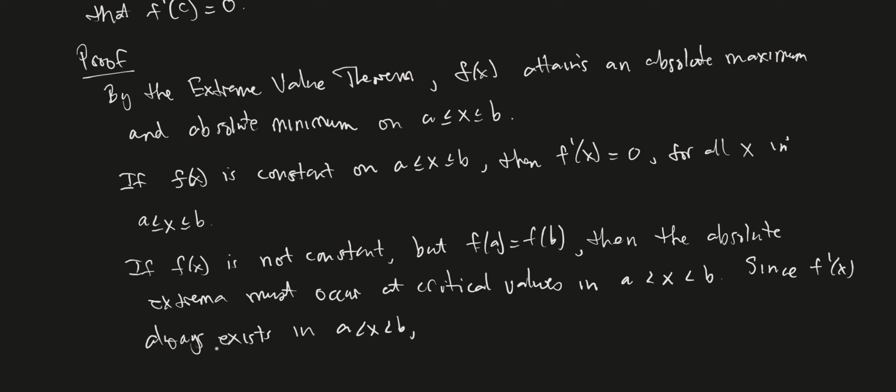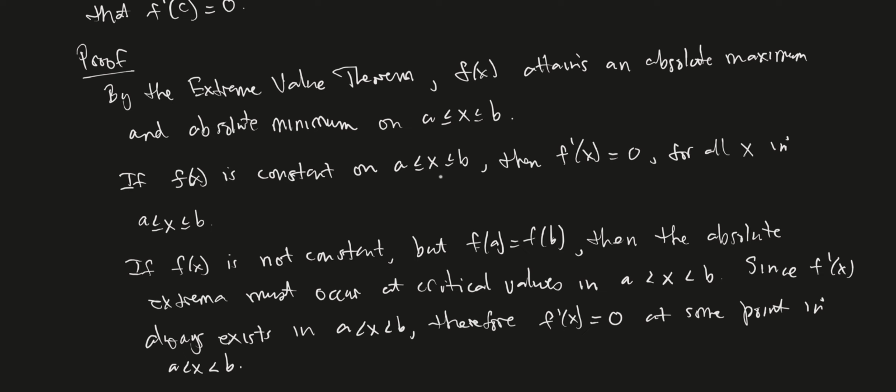So therefore, f prime of x must be equal to 0 at some point inside this interval, at some point in our open interval. And that's what the theorem says.